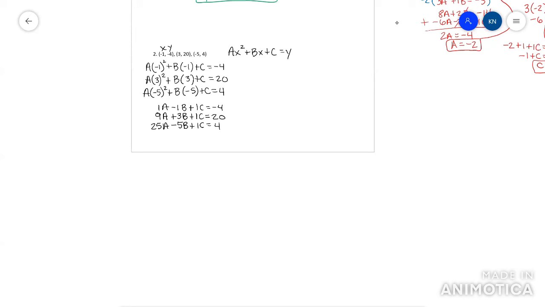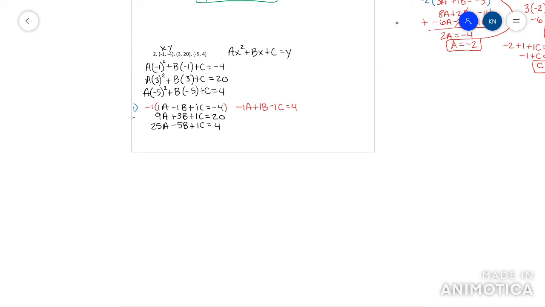Now that I'm here, I want to make this say -1c. It'll just make my life so much easier. So I'm going to multiply this top equation by -1. Okay. Now I'm going to go eliminate c twice.